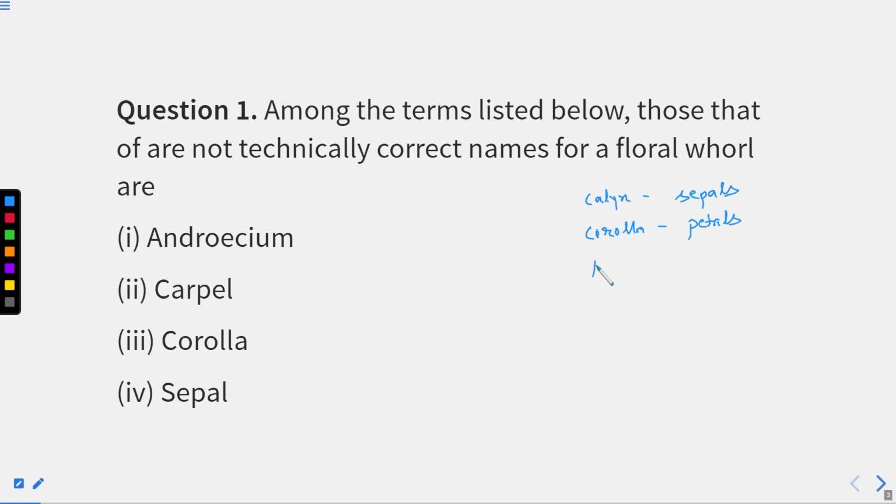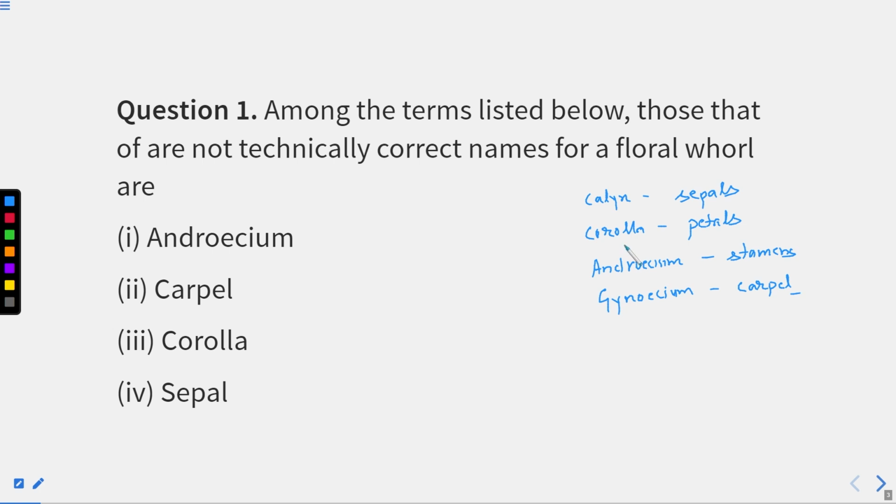Inside the corolla, the inner whorl is known as androecium, which represents the stamens. And then we have the gynoecium, the female reproductive part, which represents the carpel or the pistil. So these are the floral whorls.